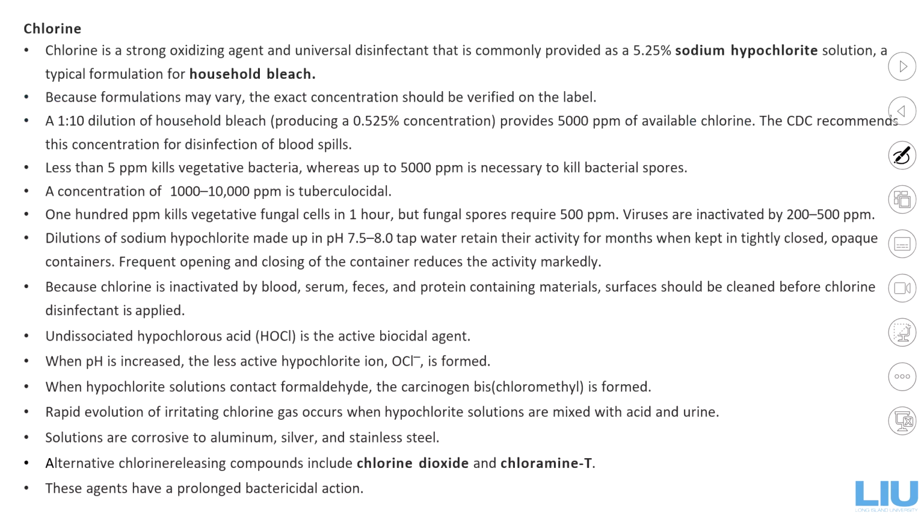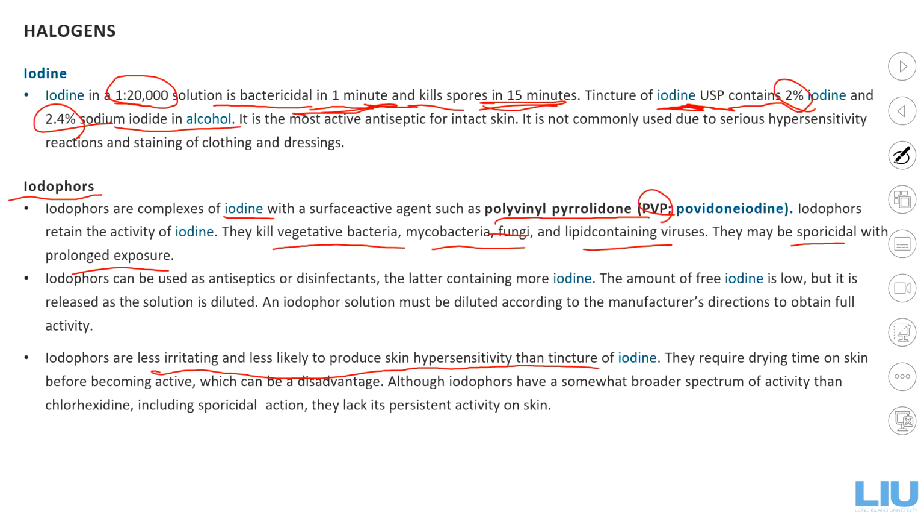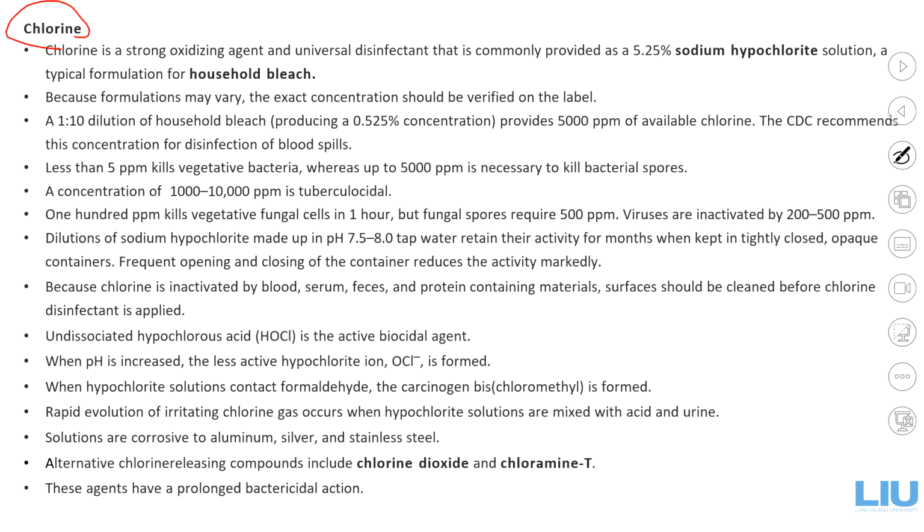Continuing with the halogens, we have chlorine. We talked about iodine, and then we also have chlorine. The same applies with the concentrations. You'd see a dilution of 1/10 versus concentrations of 1,000 to 10,000 parts per million to be effective against tuberculosis.